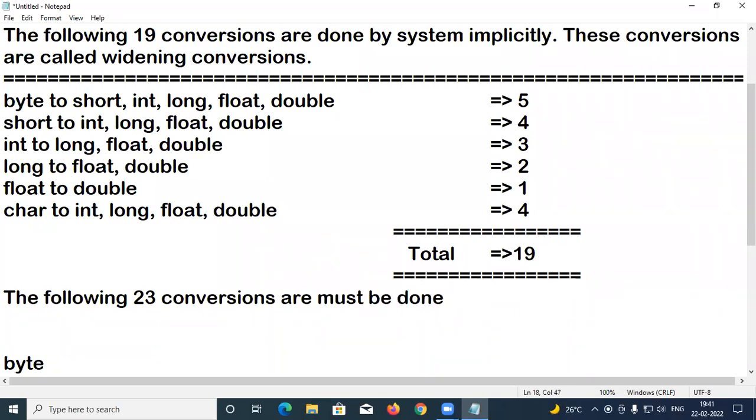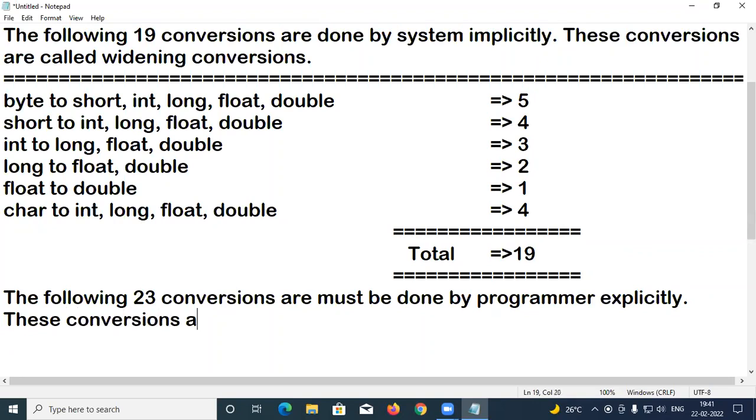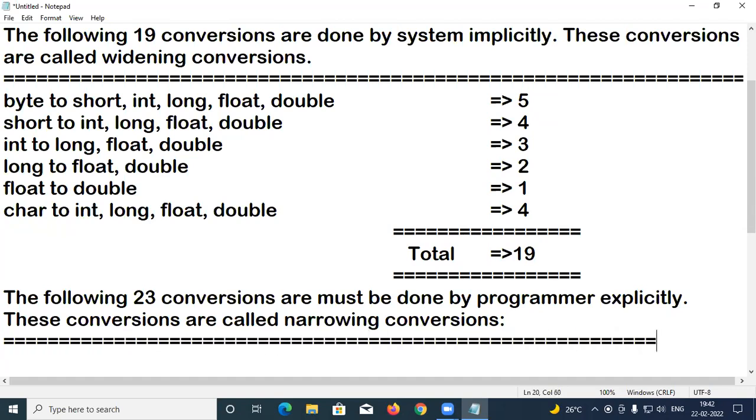I'll give time for writing. These conversions are called narrowing conversions. Now you observe, whatever is not there comes under 23.